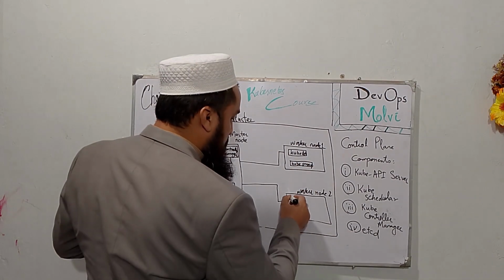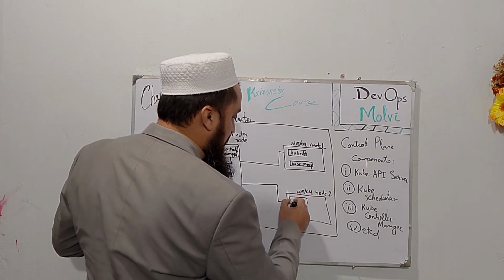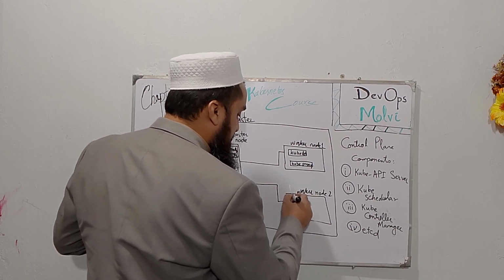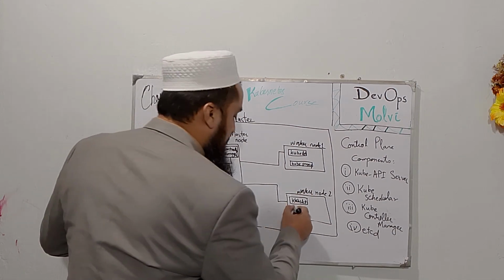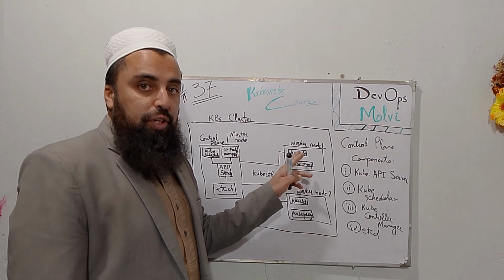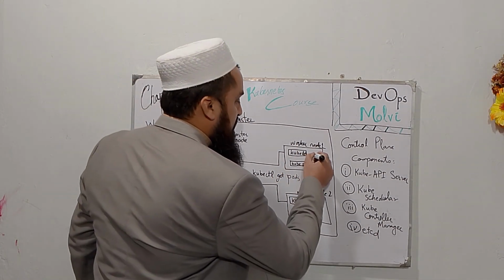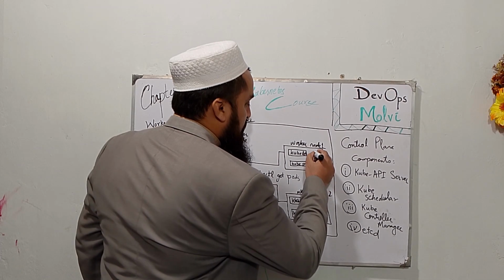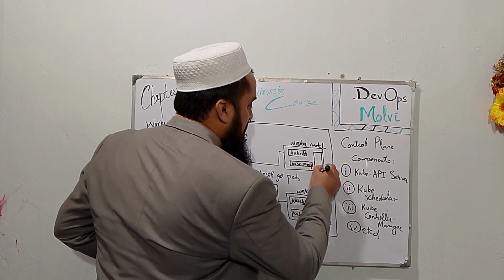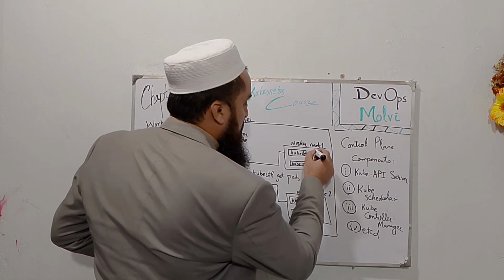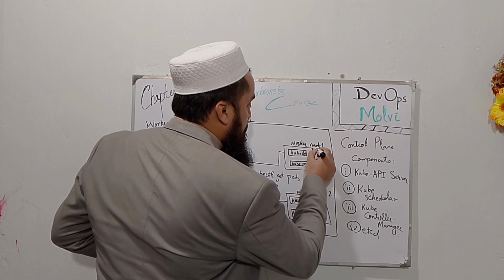Similarly in worker node 2, we will have a Kubelet, which is an agent, and we have Kube-proxy. Along with that, our third component is Docker, or a container runtime. But for this lecture, I am going to use Docker as our container runtime.